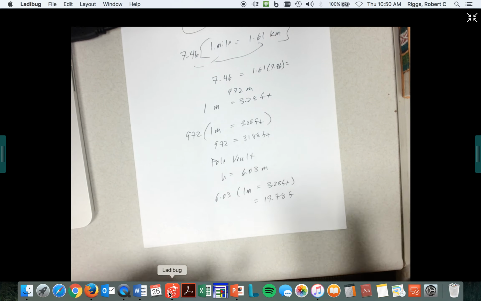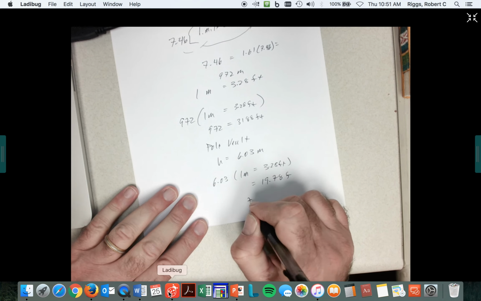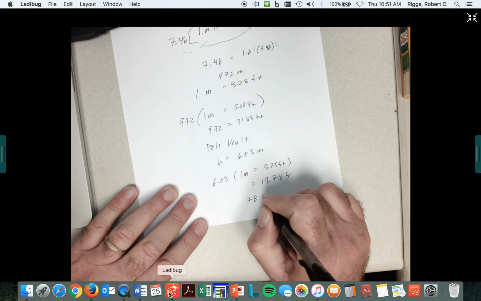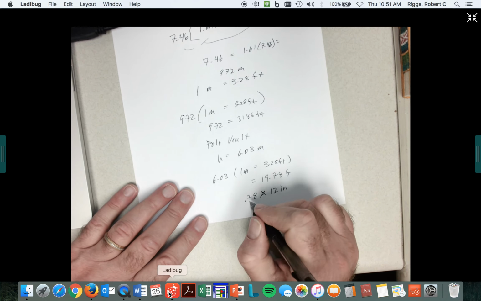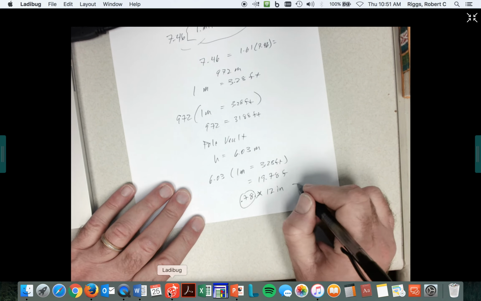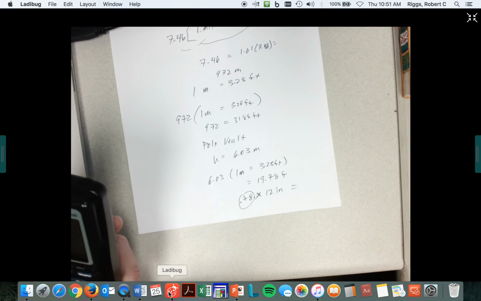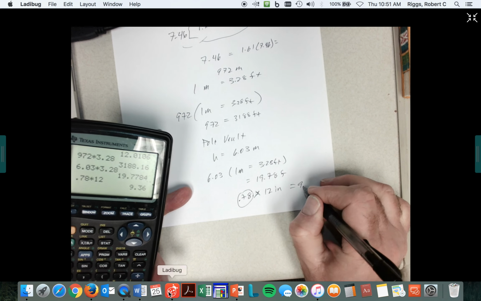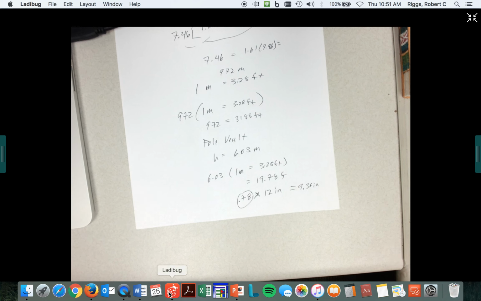Now, is that 0.78 of a foot? We got to know, all right, 78% of a foot, 0.78 times 12 inches. I need to find 78% of 12 inches. So 0.78 times 12 gives me the inches, and that is 9.36 inches. So he jumped 19.9, basically.